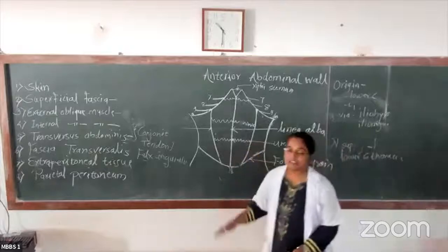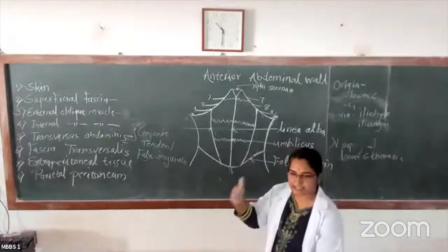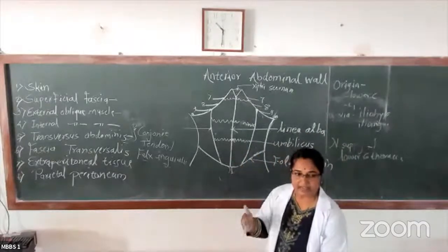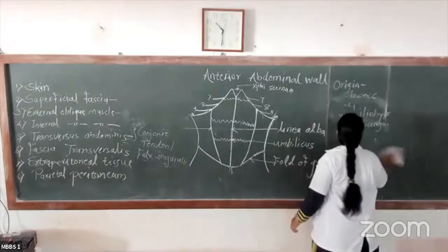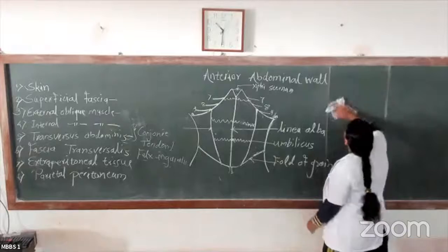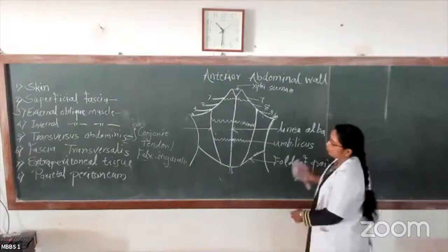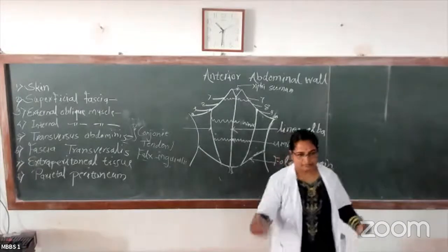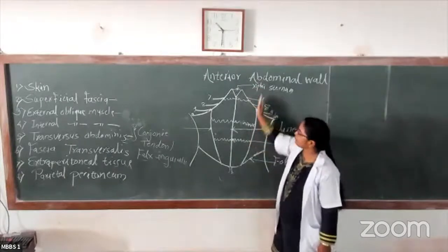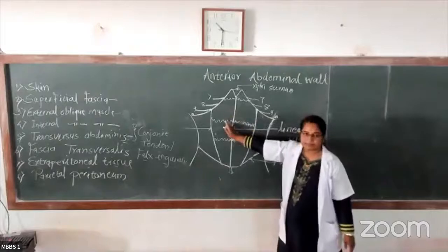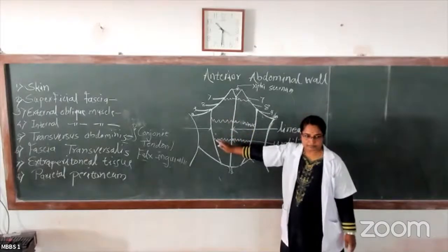So these are the 3 flat muscles: external oblique, internal oblique, and transversus abdominis. All these 3 flat muscles become aponeurotic at the level of the mid-clavicular line. That means up to this mid-clavicular line the fibers are fleshy, and then they become aponeurotic.